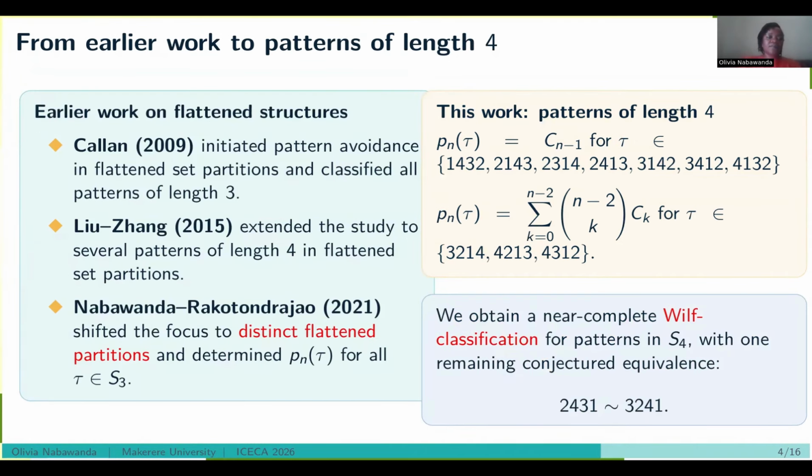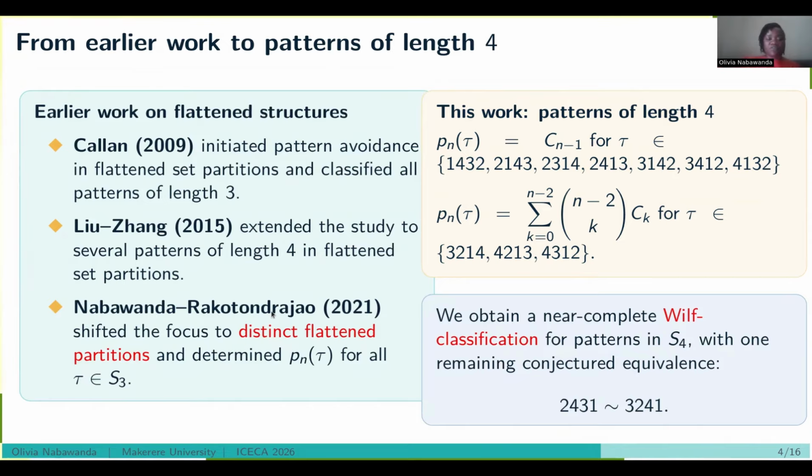In earlier works, Callan in 2009 initiated the study of pattern avoidance in flattened set partitions and classified all patterns of length 3. Liu and Zhang in 2015 extended Callan's study to several patterns of length 4 in flattened set partitions.